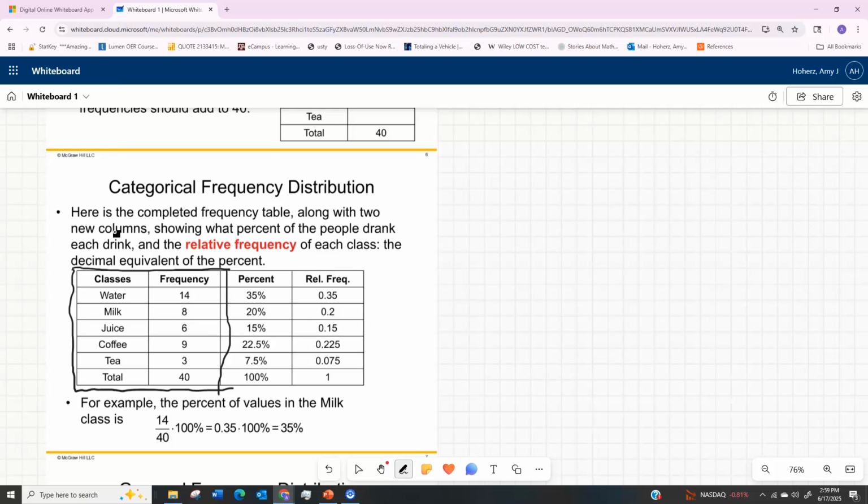Now, they've also done the work to include a relative frequency column in this graph. Where do those relative frequencies come from? Well, go back to what this word means. When you're thinking about it in everyday English, what does relative mean? Relative means in comparison to.